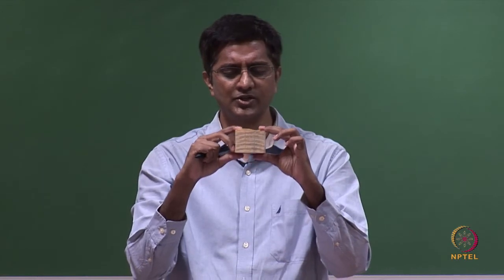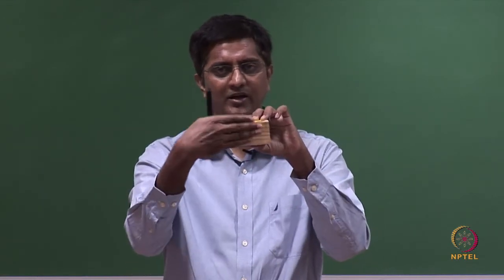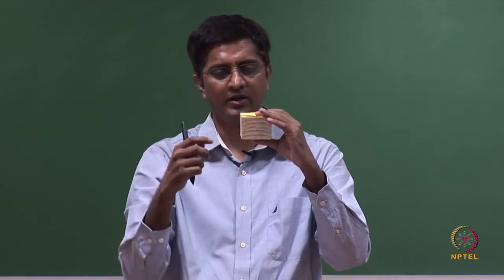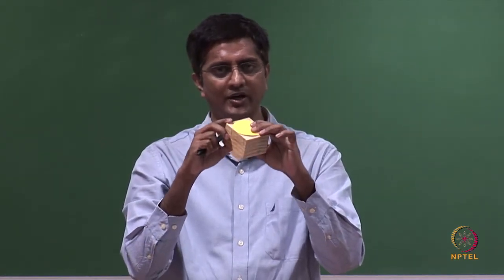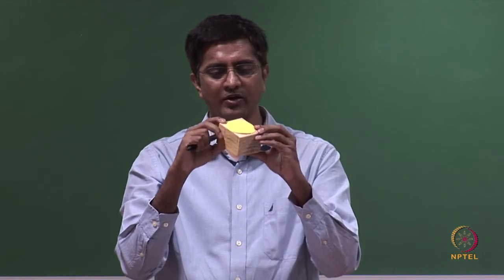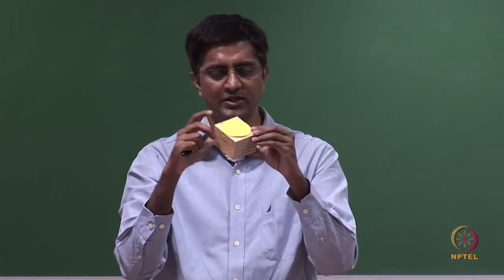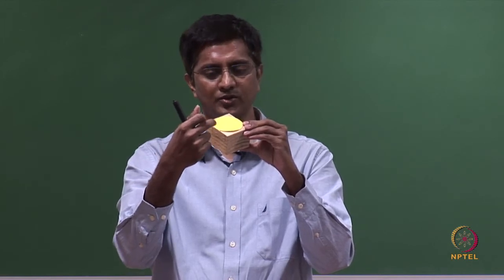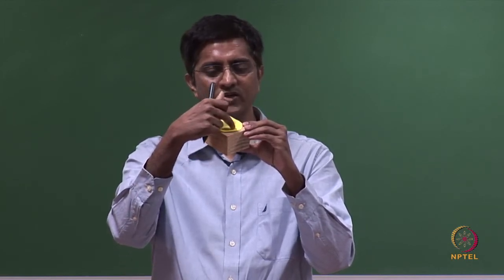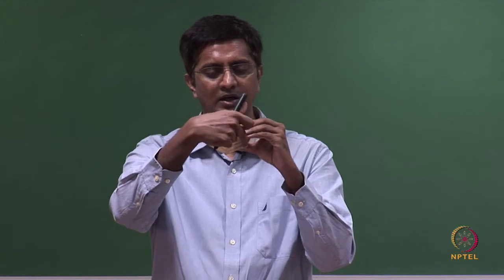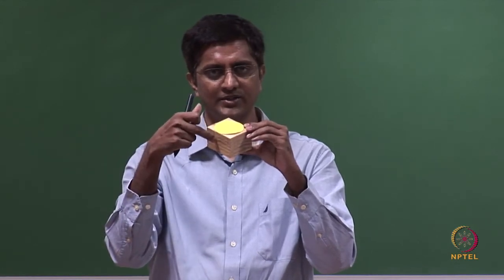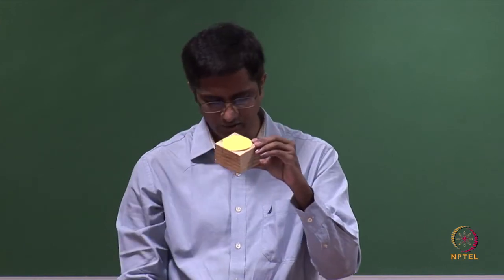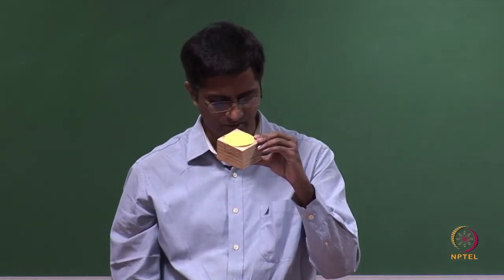For example, instead of having it either parallel or perpendicular to the projection plane, I can have it at an arbitrary angle. Let us say I hold it in this fashion, such that when you are looking at it, you will be able to see 3 faces of this cube: this face which has this yellow circle, and the second and third faces. This leads to something called pictorial representations.